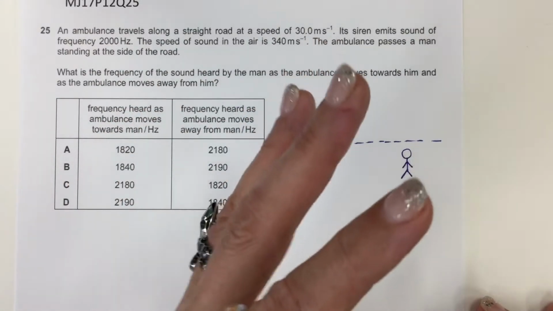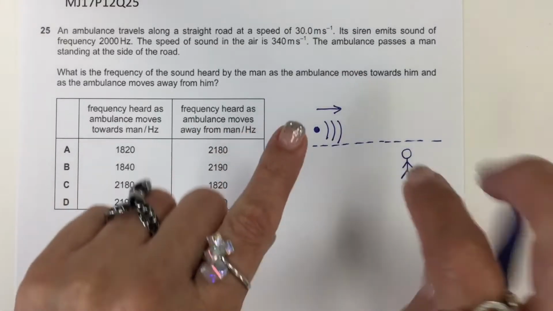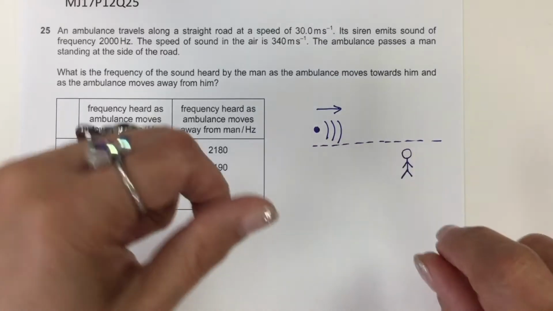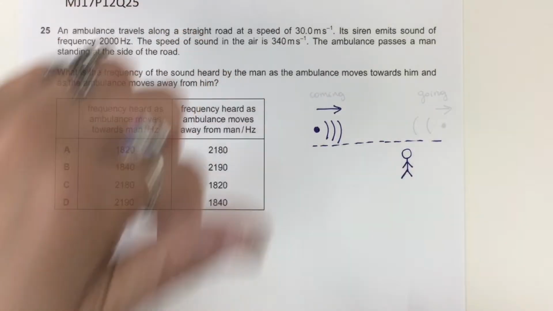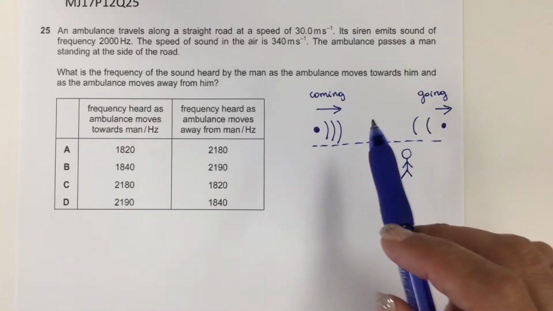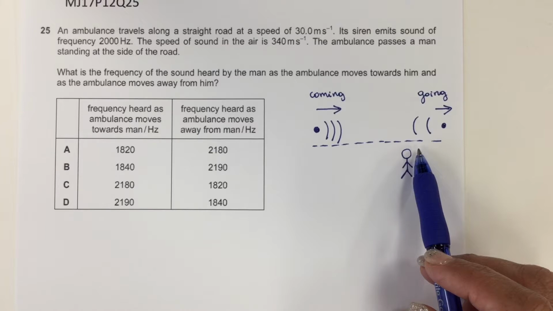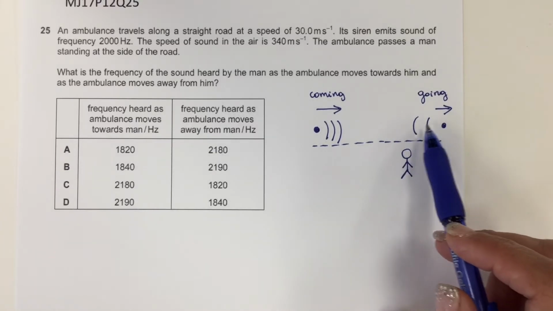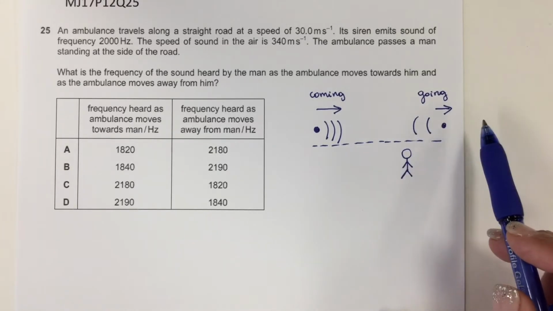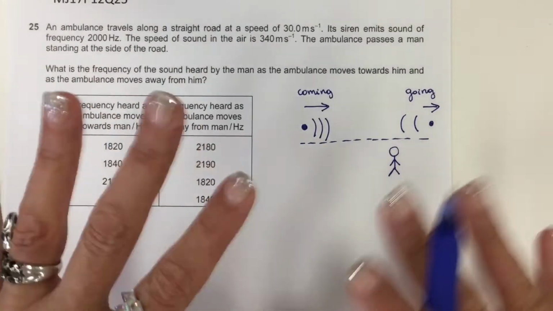So it's a higher pitch because it's compressing all the air, making the wavelength shorter, therefore the pitch goes higher. In this case, the frequency is gradually increasing, and after it passes by the observer, the frequency is gradually decreasing.